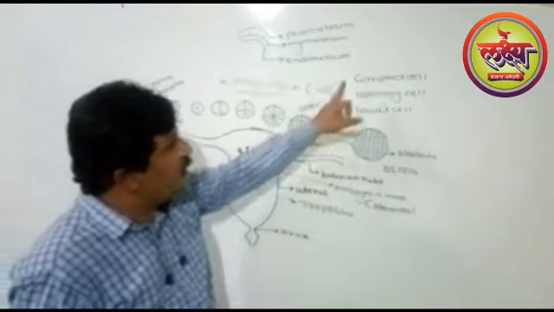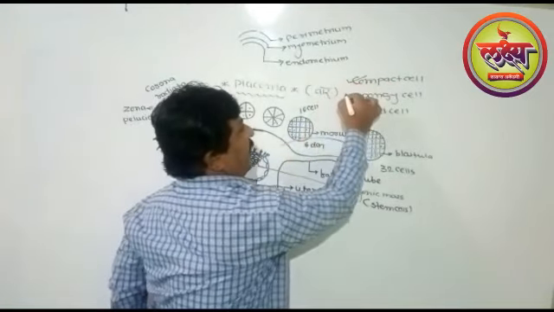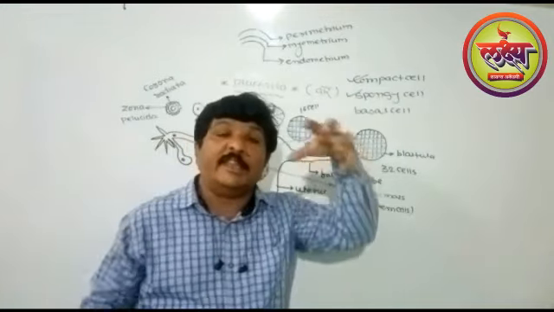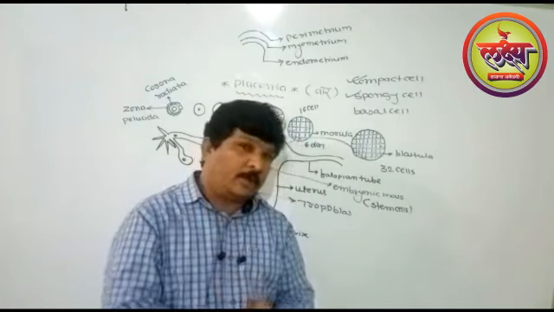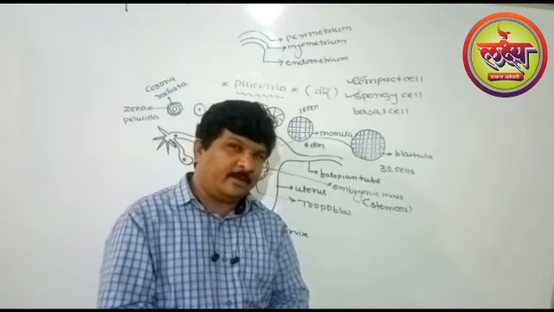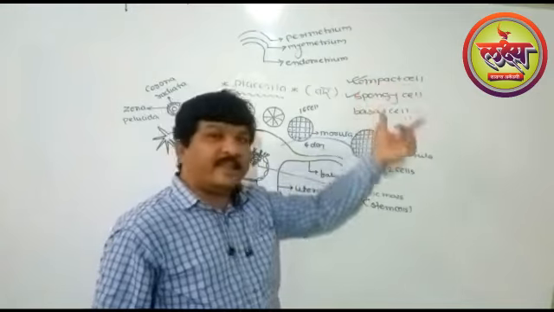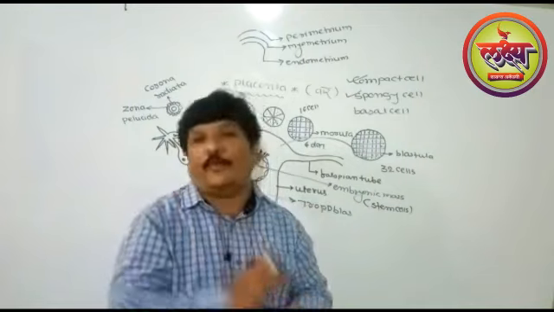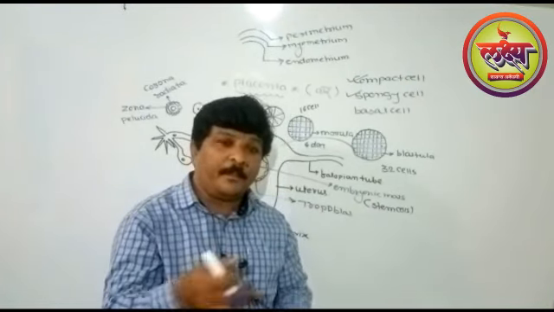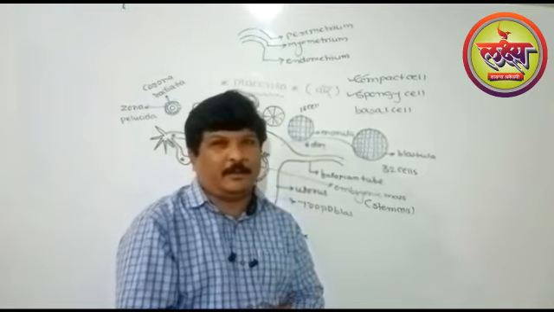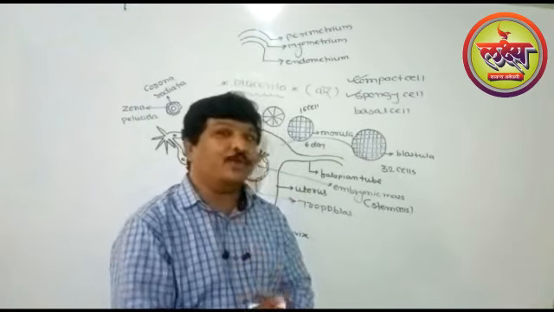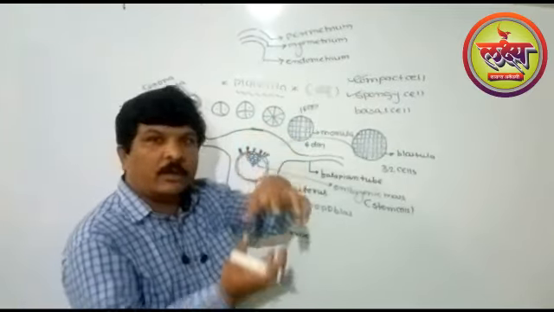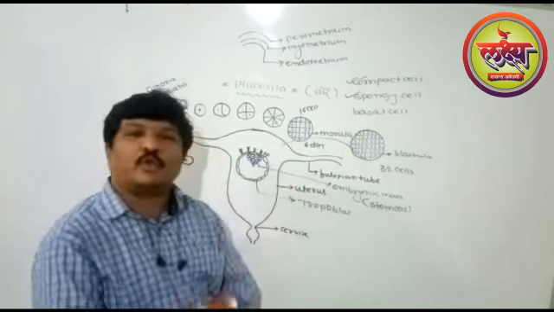You know, these two cells, compact cell and spongy cell, only take part in implantation, because during the menstrual cycle these two cells rupture, break down, and lead to the menstrual flow. After some time they get reformed and regenerated, and due to which they also take part in the implantation of the trophoblastic layer or the blastocyst.